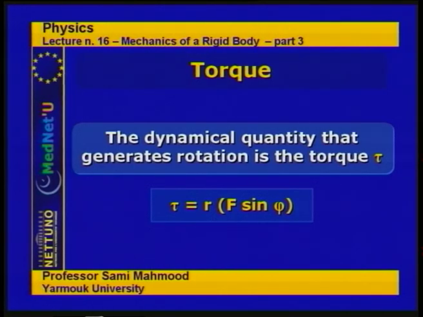If we look at the point where the force is acting on the object, r is the distance between the pivot point or the axis of rotation O and the point of application of the force, and the force is pointing somewhere, then the angle phi is the angle between the position vector r of the point where F is acting and the force itself.